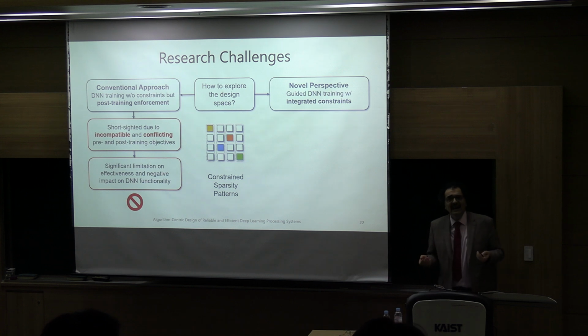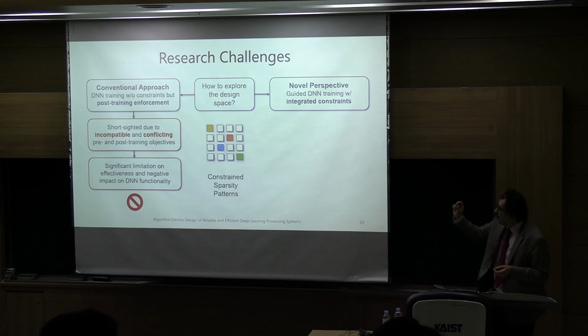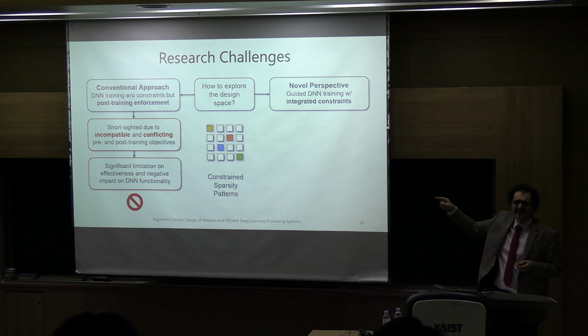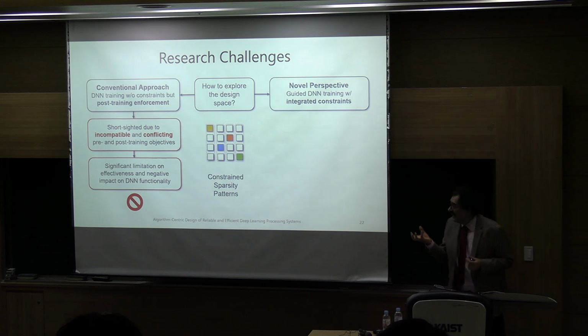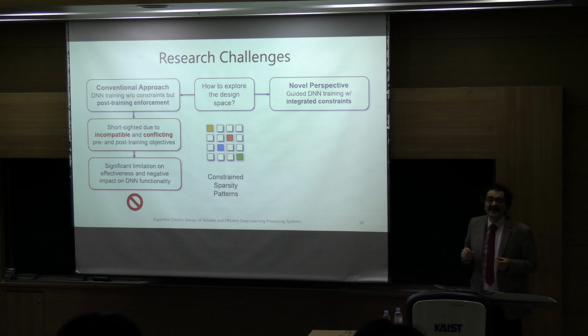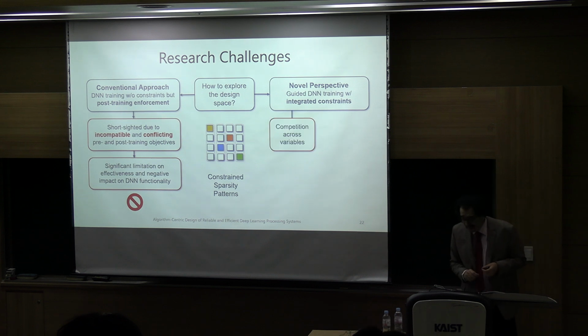So instead, a novel perspective may be to somehow be able to tell the system during training that this is the structure you're angling for, and have the system evolve in the search space around a solution that has some of these characteristics. Now, that comes with challenges. I promised you that there are challenges here.